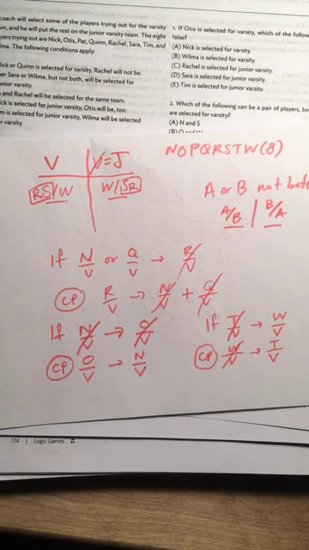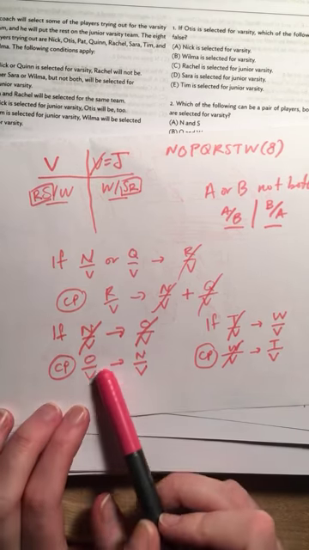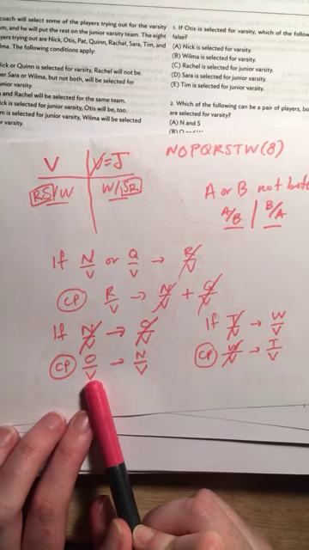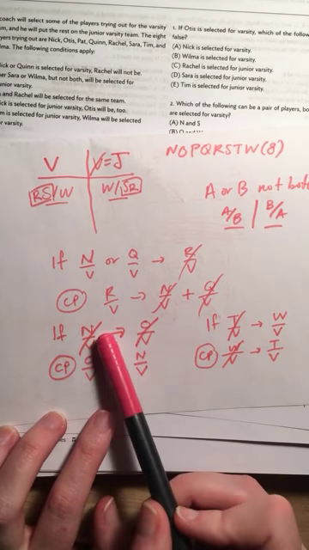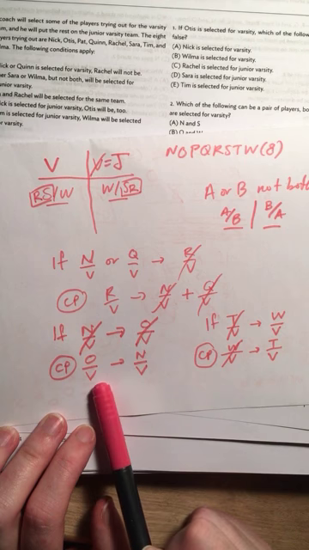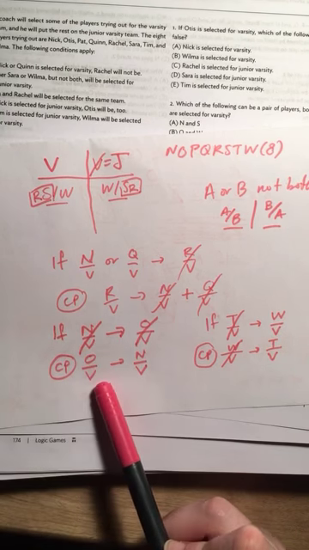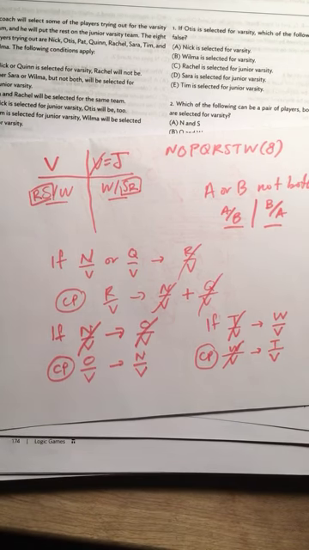Triggering it just means that the thing on the left side is true. So triggering this rule would mean either that N is not on varsity or that O is on varsity. So those are the triggers that make the rule work. Okay, so that's the setup for this one.